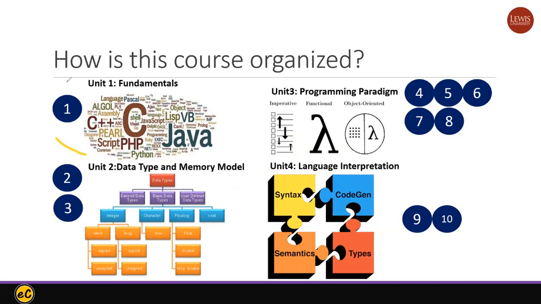First, chapter 1 teaches the fundamentals of computer science languages, an introduction. Chapters 2 and 3 will be on data types and memory models for different languages. The main language that we are using in our course is Python, so you do a lot of Python programming in this course.